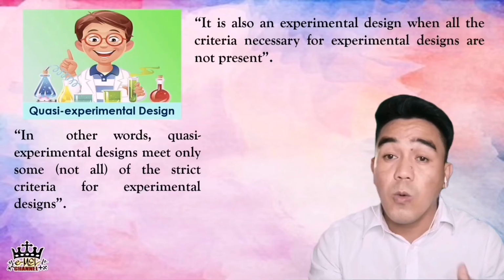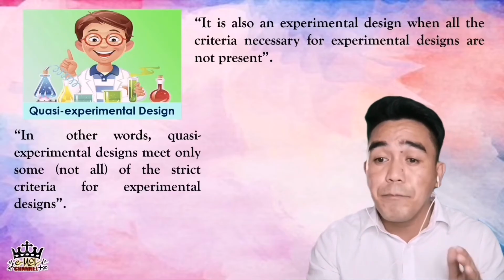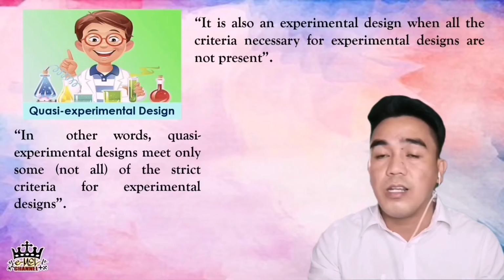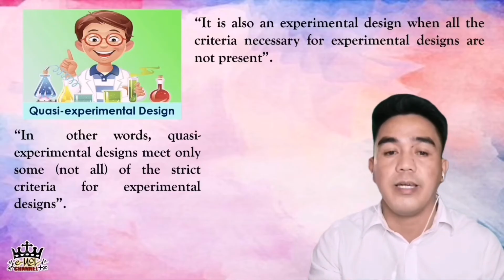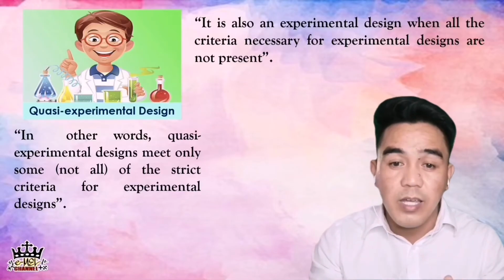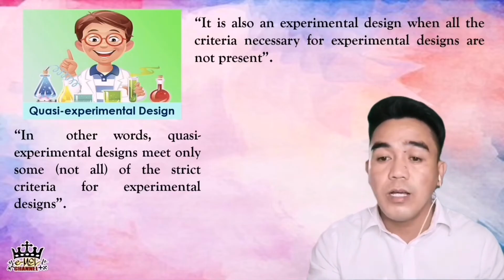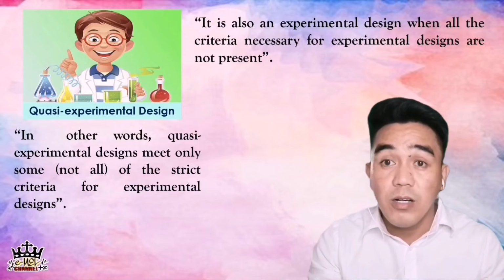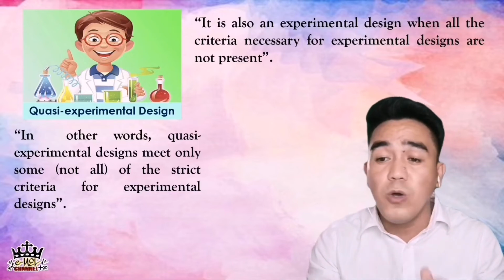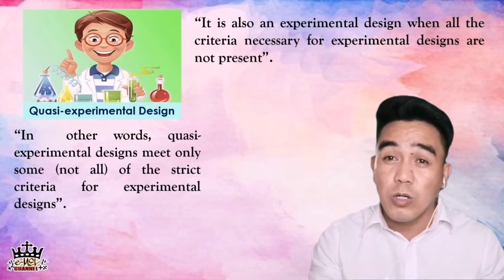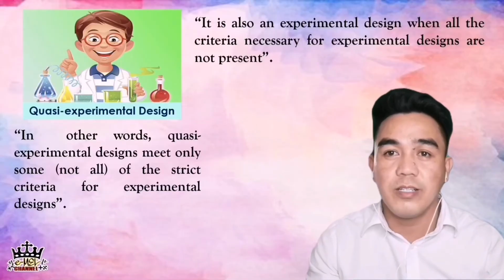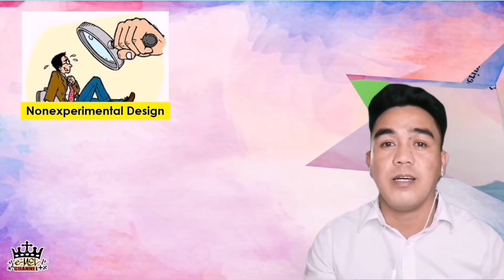In other words, quasi-experimental designs meet only some, not all, of the strict criteria for experimental designs. Evidently, quasi-experimental designs are not as powerful as experimental designs because researchers have no way to isolate causes or control extraneous variables. Number 6, non-experimental design.